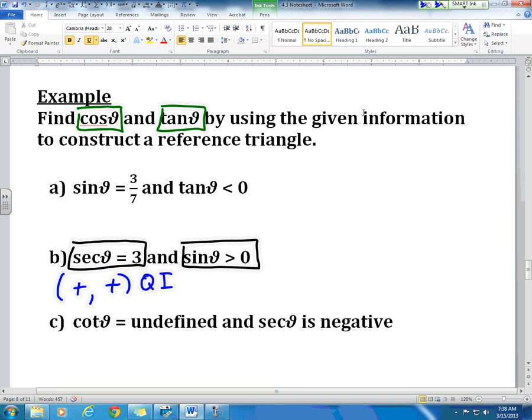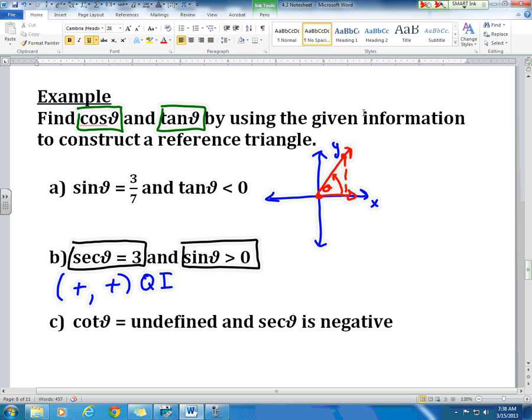So we'll draw the reference angle. Although this time we don't need a reference angle because it's in quadrant 1. So here's my angle. So this is theta. Theta also happens to be the angle I'm going to measure off of because it's within the first quadrant.